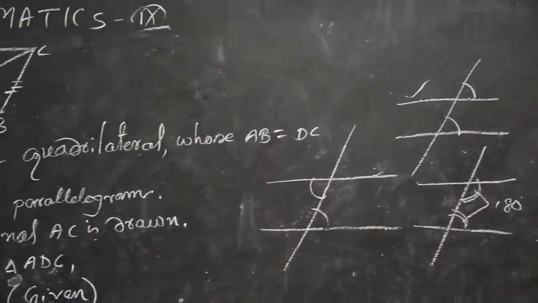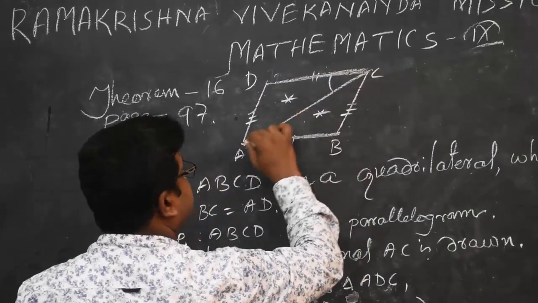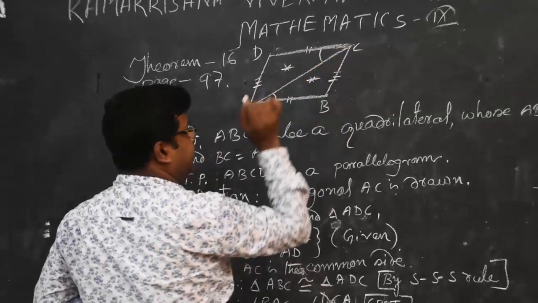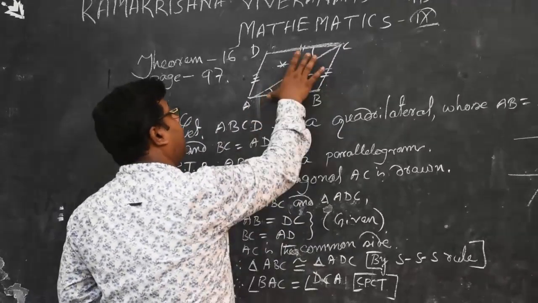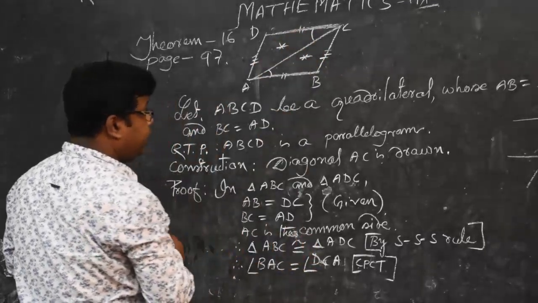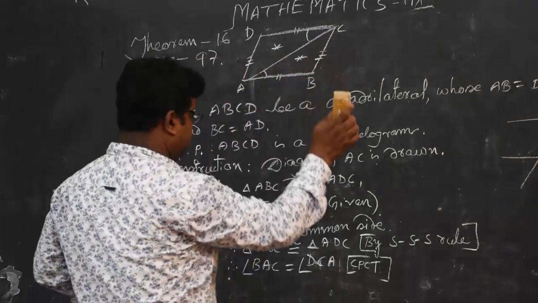Now see here, AB and DC are two straight lines. AC transversal cuts them at points A and C, and the alternate angles so formed are equal. We have proved it. So the lines are parallel, AB parallel to DC.